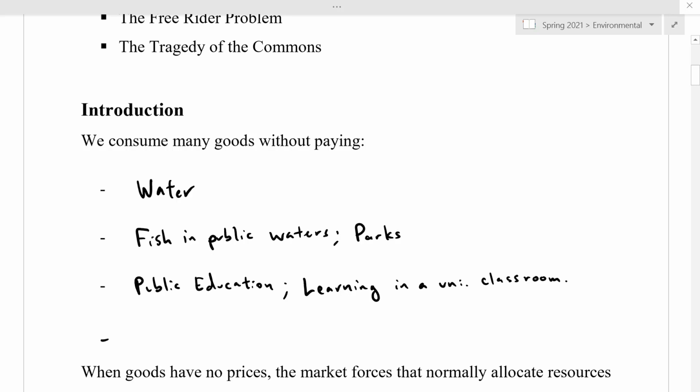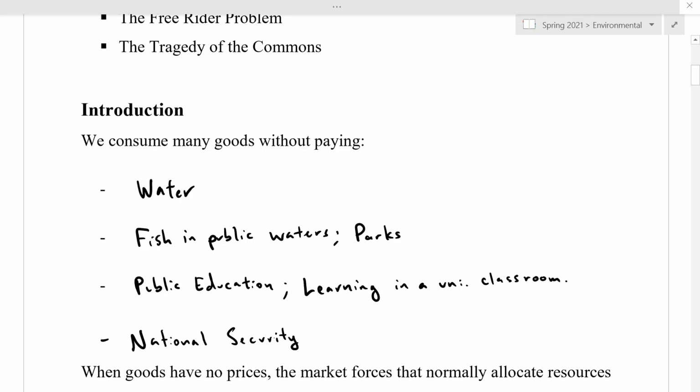I'll add one more, which would be national security. If the nation is being protected, I am being protected. If the military is doing something to help protect the country, then that is protecting everybody in the country.